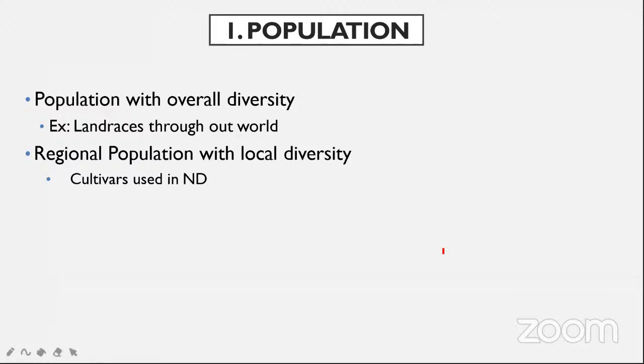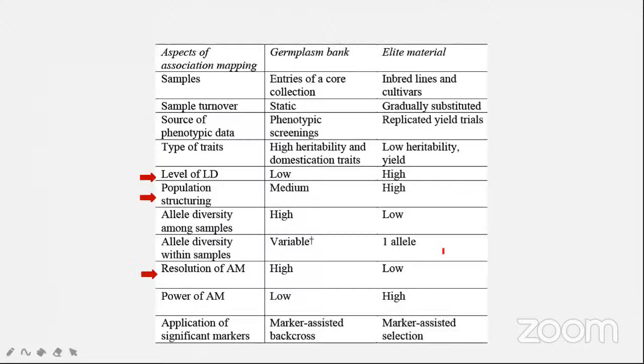Whereas if you take land races throughout the world, it has a history of a few hundred or thousand years. You have smaller LD blocks, and the resolution could be finer, or you could identify markers really close to the gene or the QTL.